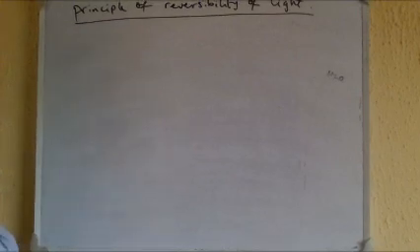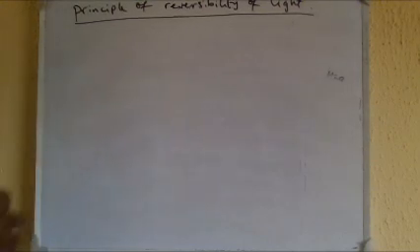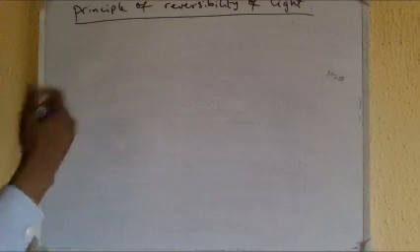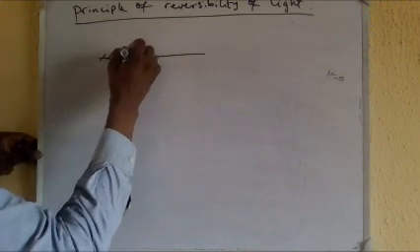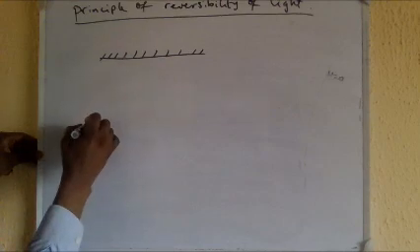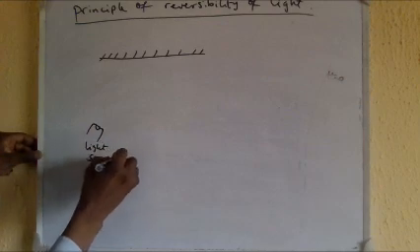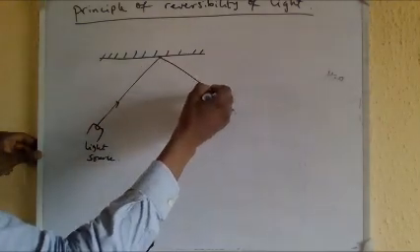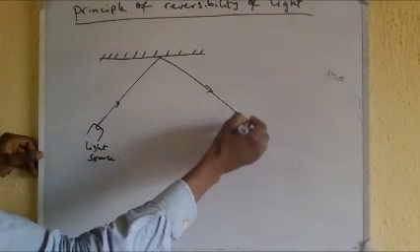Okay, so we are going to be looking at the principle of reversibility of light. This principle says that light rays can be reversible. That is, if I have a plane surface like this and a light source here, the ray of light from this source incident on this surface is reflected this way, and it forms an image here.